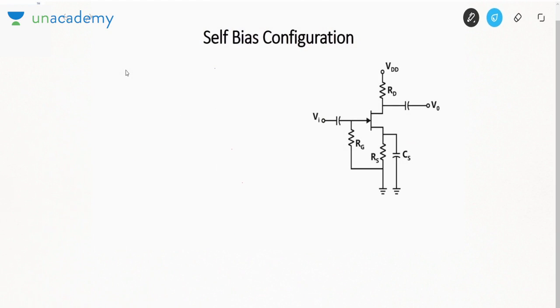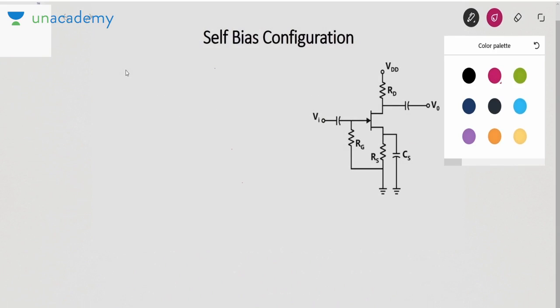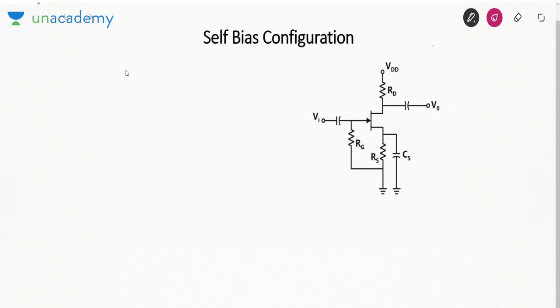Moving on to the next configuration, that is the self bias. Again in self bias I have already told you about DC analysis, that we will find the Q point ID comma VDS, and based on this Q point we will find the amplifier parameter GM and R0.